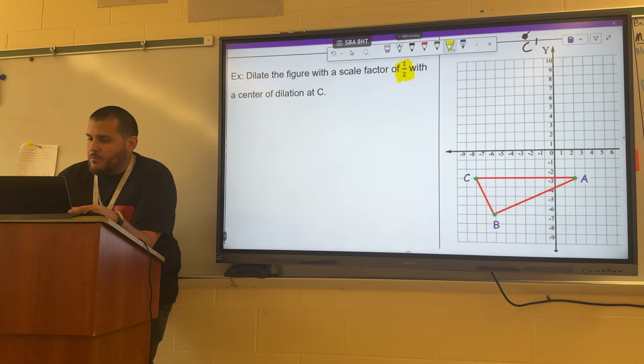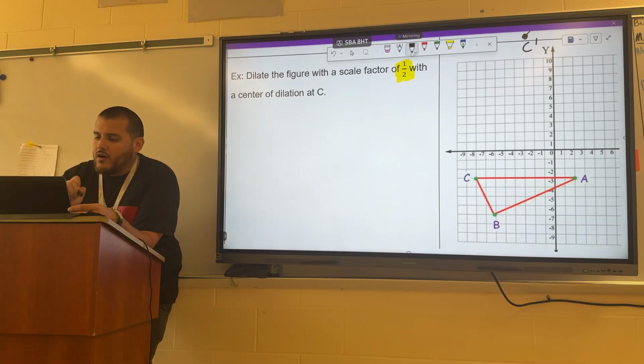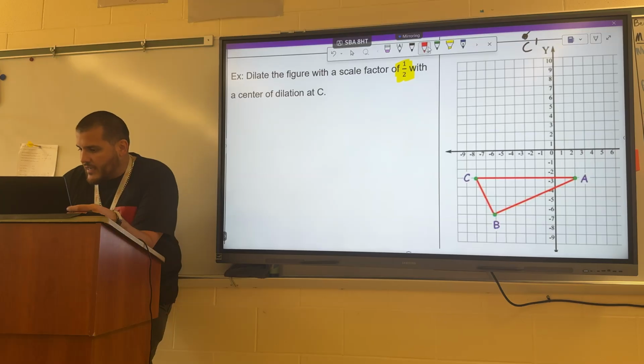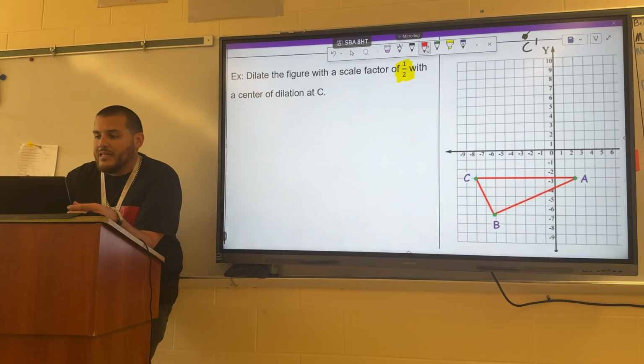So again, imagining that C is the origin at 0, 0, we're trying to figure out how far away point A is from that location. That is 1, 2, count this way, 1, 2, 3, 4, 5, 6, 7, 8, 9, 10. It's 10 to the right of point C, so we can think of that as being at 10, 0.